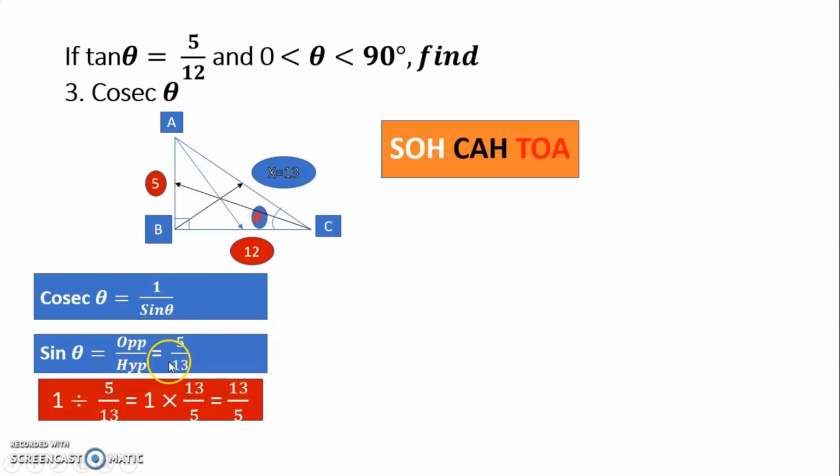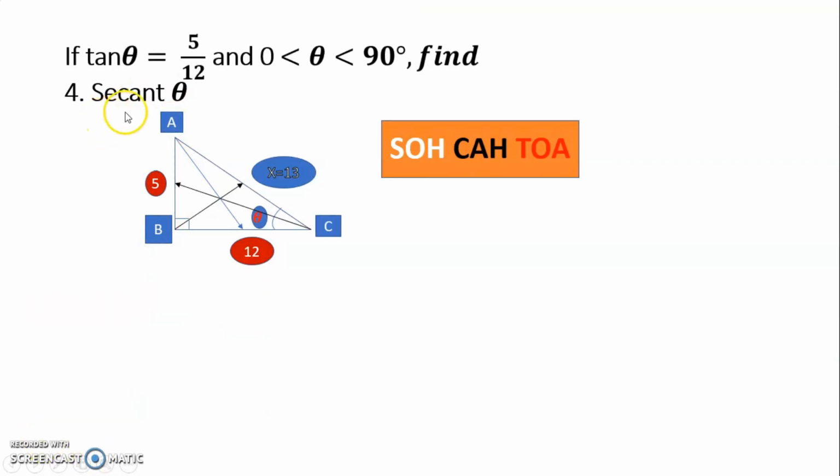So substituting, it becomes 1 divided by 5 over 13, which is the same thing as 1 times 13 over 5, because if I want to change this division sign to multiplication, I find the inverse. So cosec theta is equal to 13 over 5.